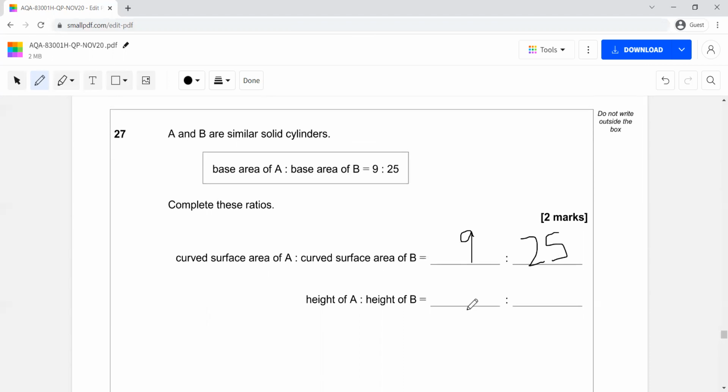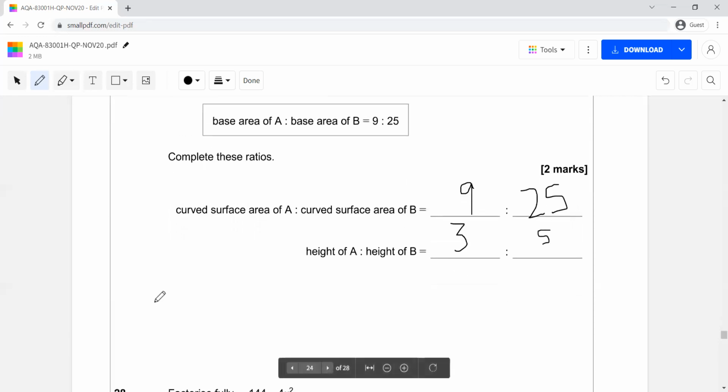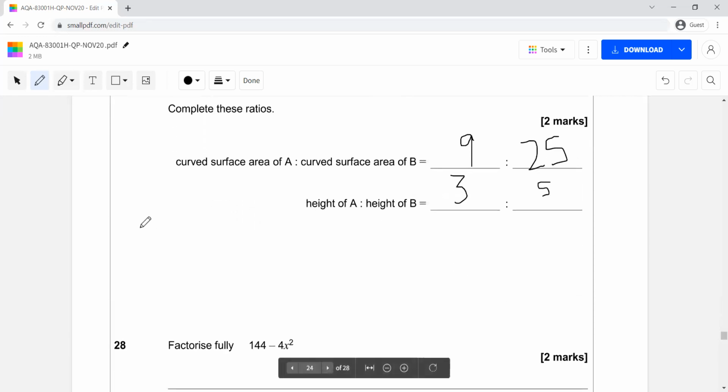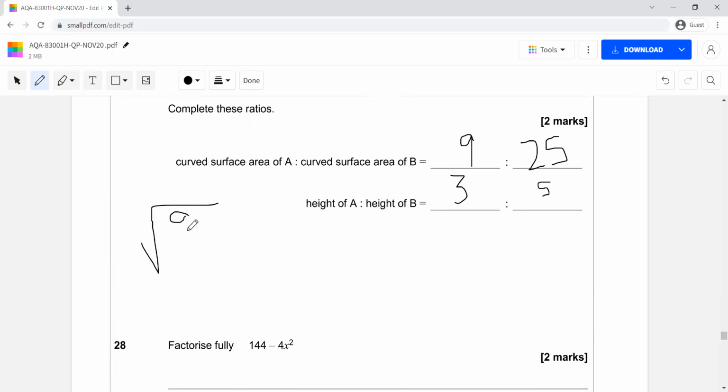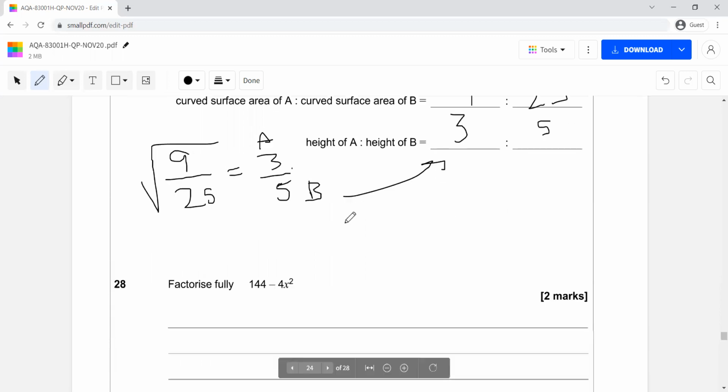And for the height of A to the height of B, it's 3:5. Because remember, the scale factor is square rooted. So you can do root 9/25, which is 3/5 for A to B. This is A and this is B. So the ratio is 3:5.